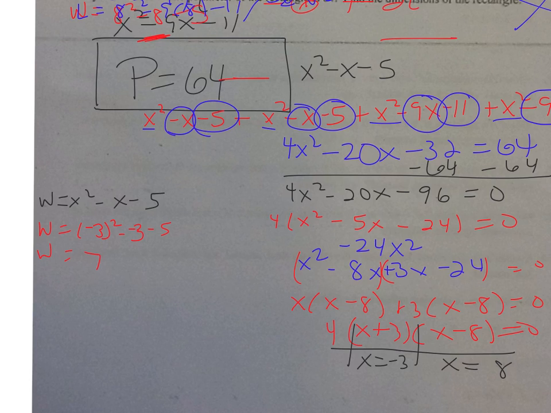So that's good. Now let's do my length, x squared minus 9x minus 11. The length is negative 3 squared minus 9 times negative 3 minus 11. My length comes out to be 25. So those are my dimensions: my length is 25 and my width is 7. Okay, so study some more and have a good night and get ready for your tests.